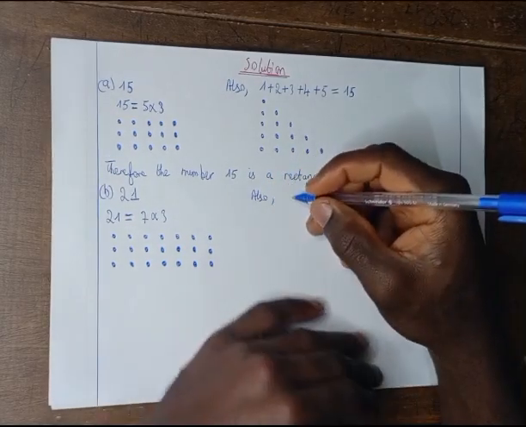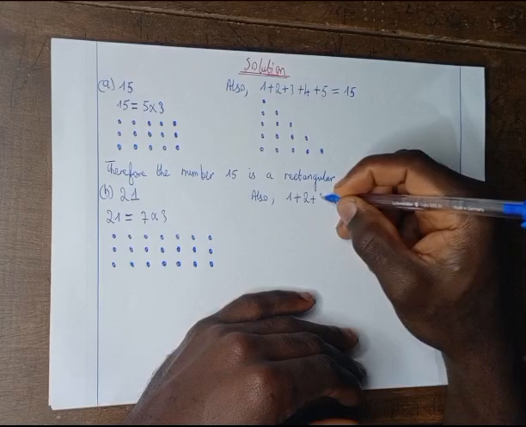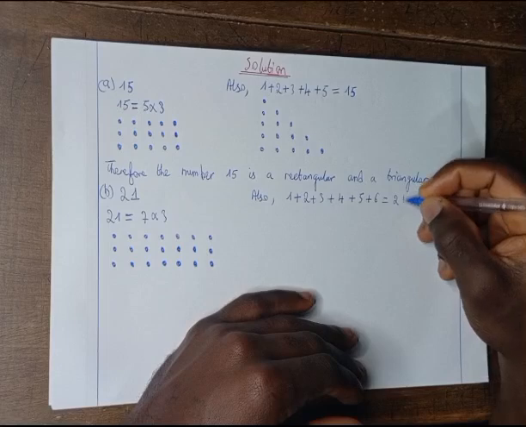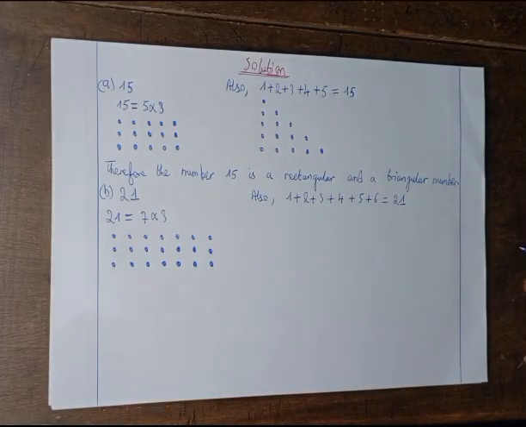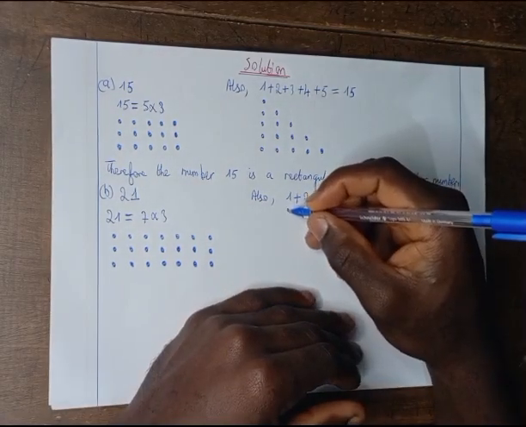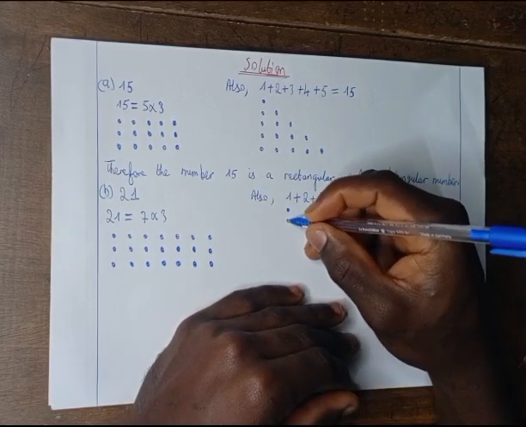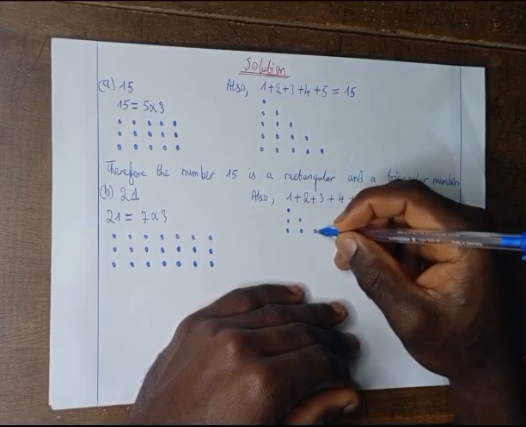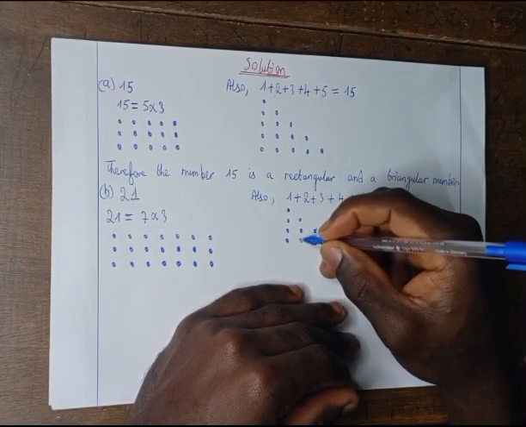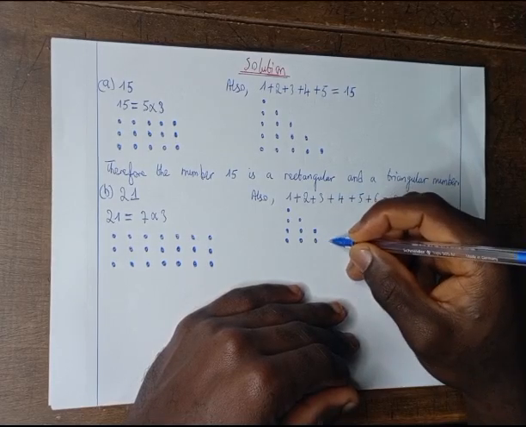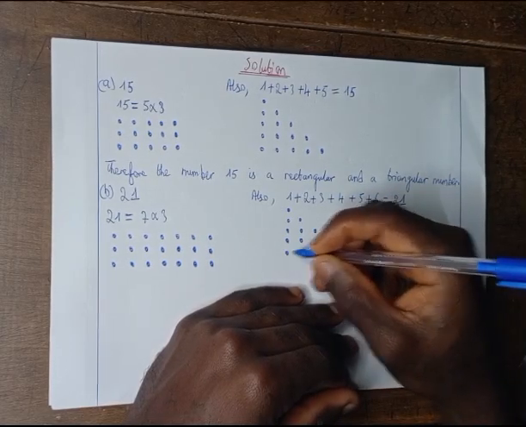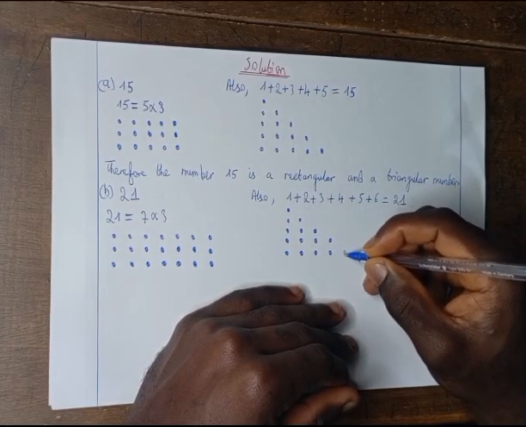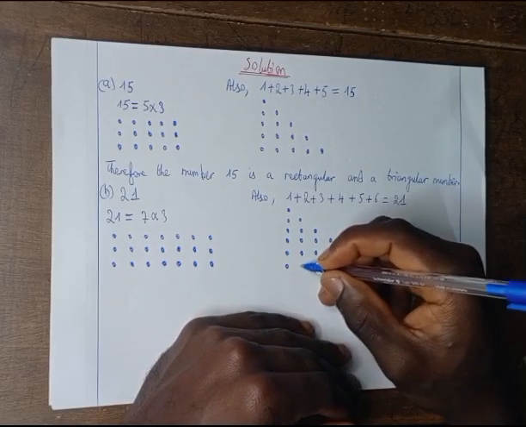Also, we know that 1 plus 2 plus 3 plus 4 plus 5 plus 6 is equal to 21. That means 21 is also a triangular number. Let's do the representation of it. We have 1 dot, next we have 2 dots, next 3 dots, next 4 dots, next 5 dots, and lastly we have 6 dots.